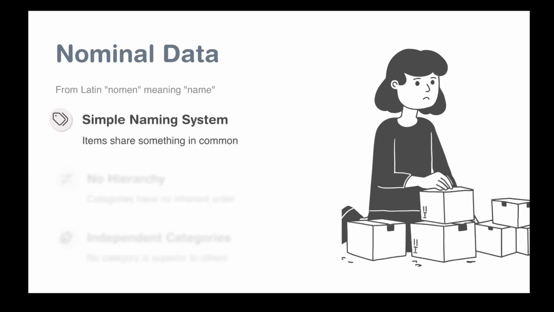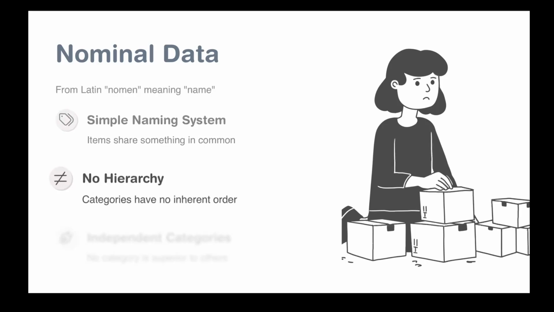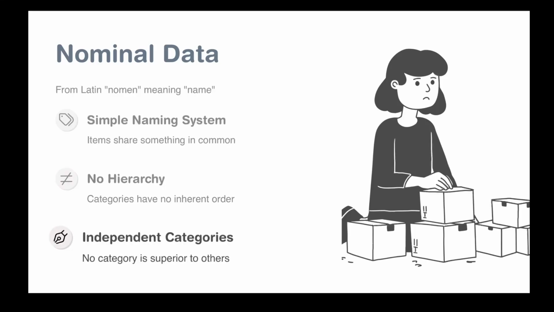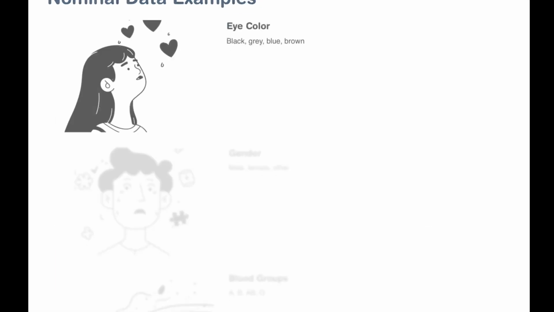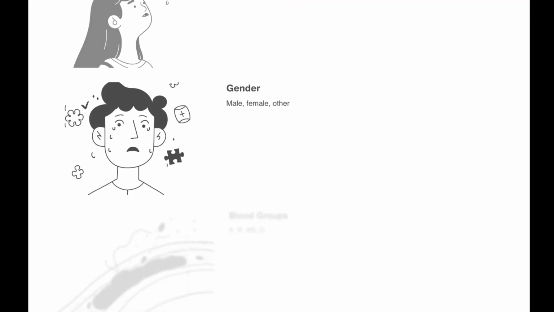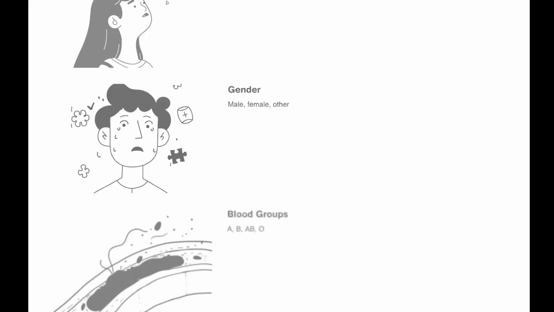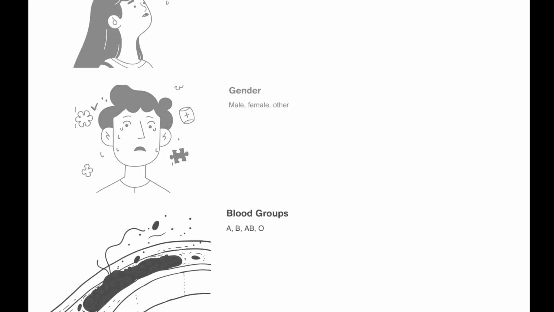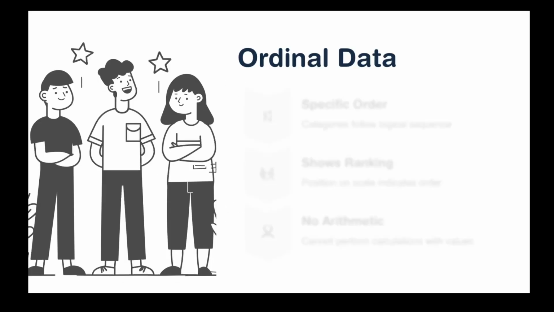Items share something in common, and there is no hierarchy. Categories have no inherent order and are independent. No category is superior to others, as we have mentioned. Nominal data examples include eye color: black, gray, blue, brown; gender: male, female, or other; blood groups A, B, O, AB, something like that.